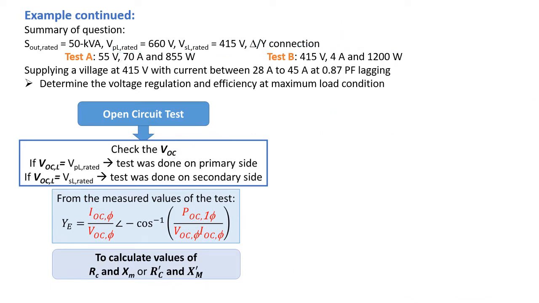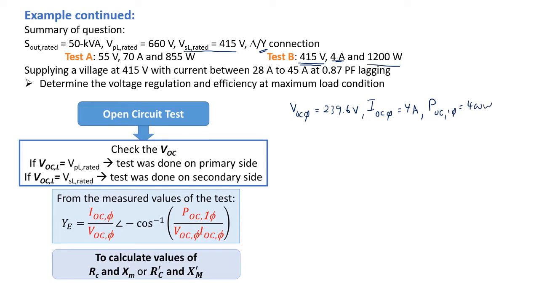Right, so we've determined just now that test B is the open circuit test done on the secondary side, because 415 volts from test B is equal to VS line rated. And because of the Y connection, we got VOC phase of 239.6 volts, IOC line was 4 amperes, so IOC phase is equal to 4 amperes because of the Y connection, and the open circuit power single phase is 400 watts.